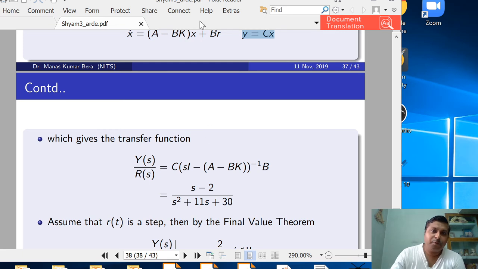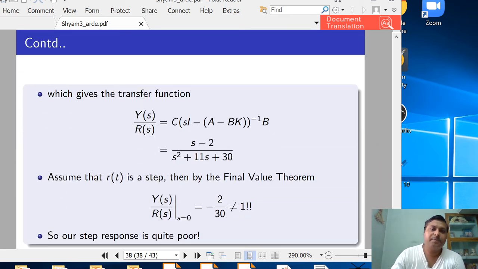Now if you compute the transfer function for this given system, it comes out as (s minus 2) by (s square plus 11s plus 30). This is the characteristic equation we should get, because we know that the system poles must be located at minus 5 and minus 6. But if we assume that we are going to track a step input, then from the final value theorem we observe that Y(s)/R(s) at s equal to 0 is minus 2 by 30, which is not equal to 1.